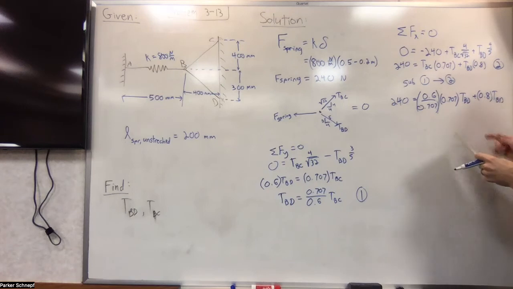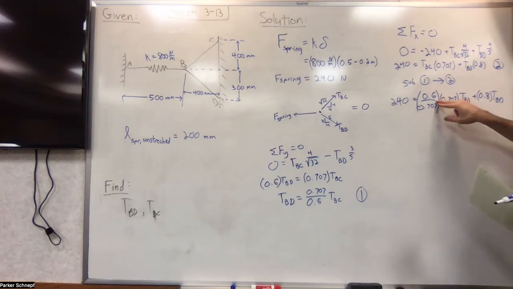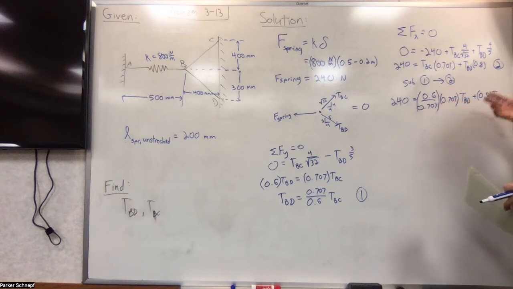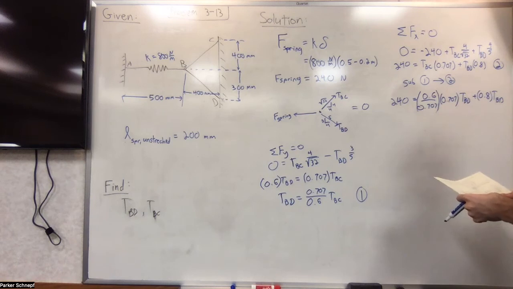So by doing that substitution, now this equation only has TBD in it. You'll be seeing stuff like that a lot where you have to do a little bit of substitution to solve for your unknowns. So now I can solve it no problem.